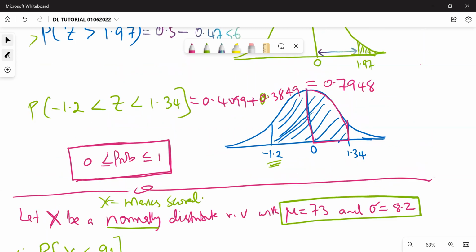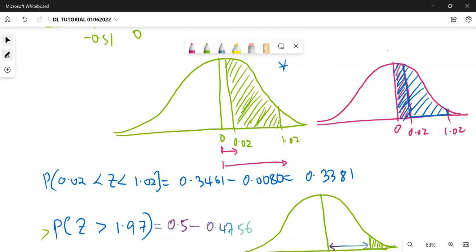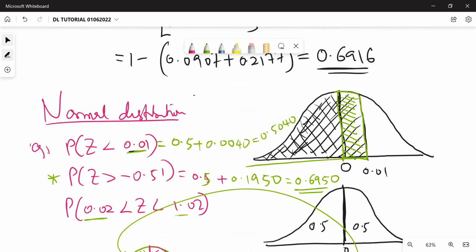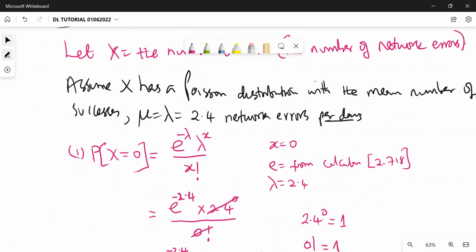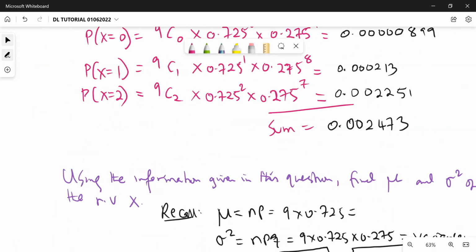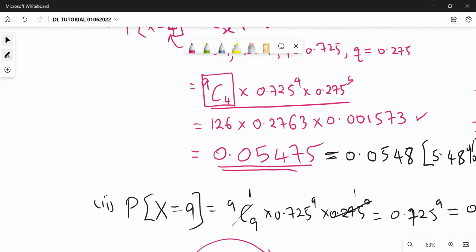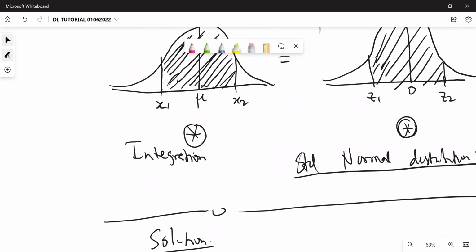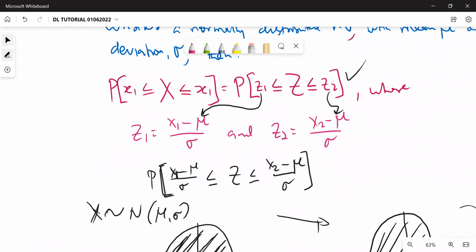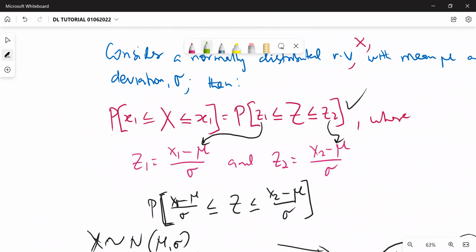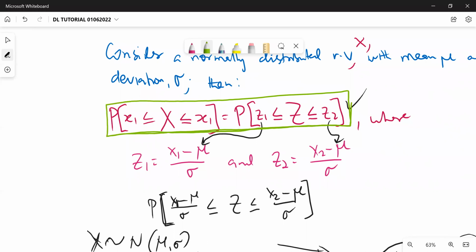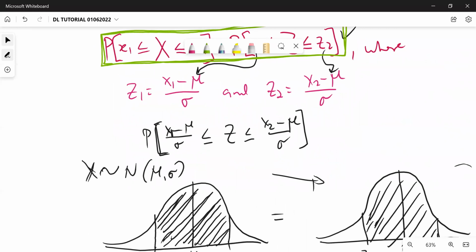Okay. If you remember what we said earlier, some time back, we said that we can switch from X to Z in a very simple way. I want you to remember this. This is how you switch from X to Z. You can replace the X with a Z variable, and you know how to transform it.